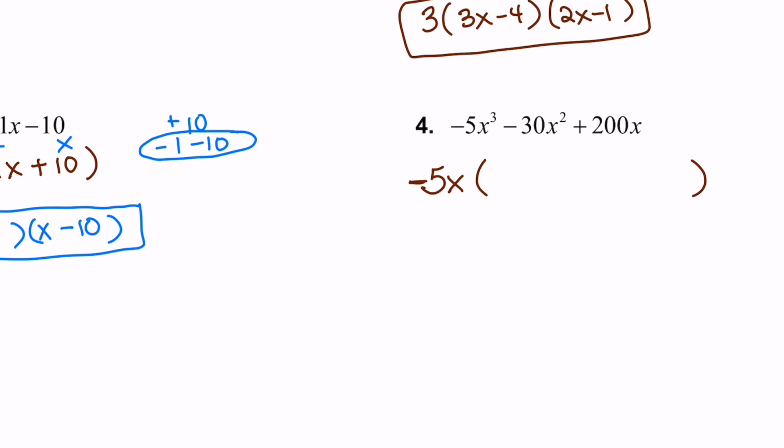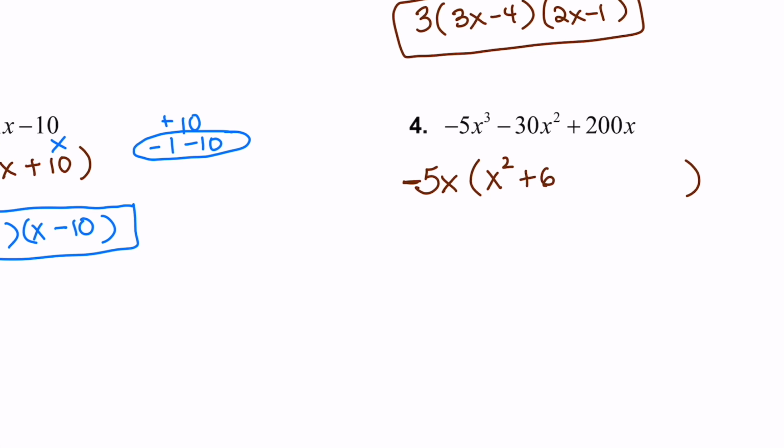So if I divide negative 5x cubed by a negative 5x, the negative 5's cancel and one of the x's cancels, so I'm going to be left with an x squared. On the second term, I have a negative 30. If I take negative 30 and divide it by negative 5, I get a positive 6. I'm also dividing out one of the x's, so I'm going to have a positive 6x as my second term.